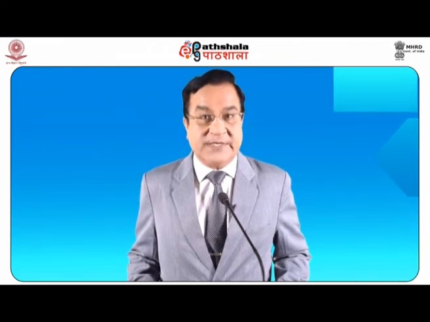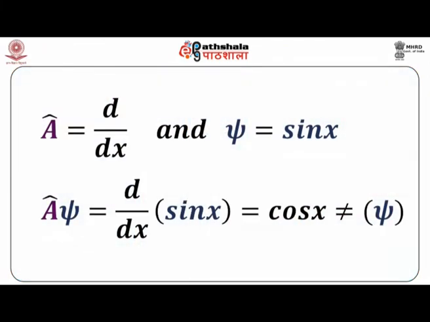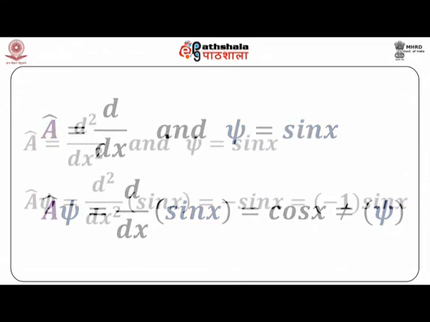Suppose there is an operator A cap equals d by dx, and suppose the wave function is sine x. Once this operator operates on sine x, we get cos x. That means the original function is not reproduced, so it is not satisfying the eigenvalue equation.